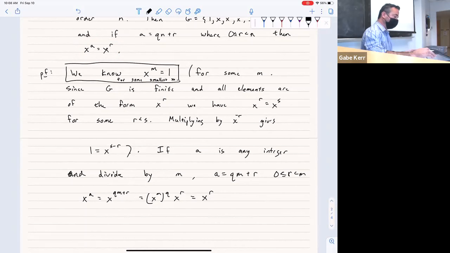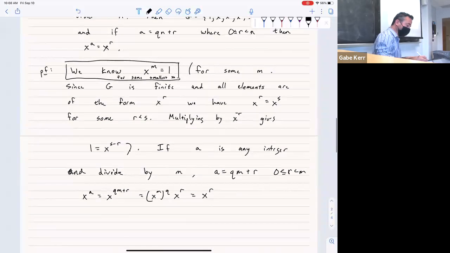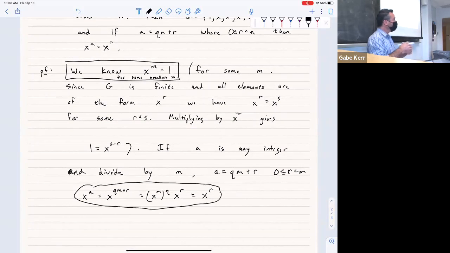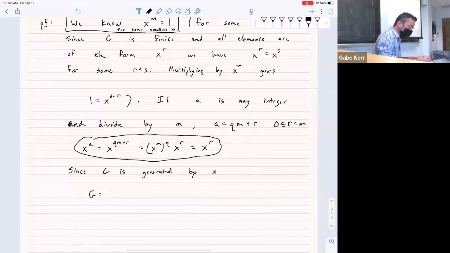Now, why is this good? We're almost done. What have we left out? Well, we want m to be n, the order of the group. But now, with this in hand, we can list all the elements of G. Since G is generated by x, we have that G is equal to 1, x, x squared, and once we get to x to the m, we're back at 1.